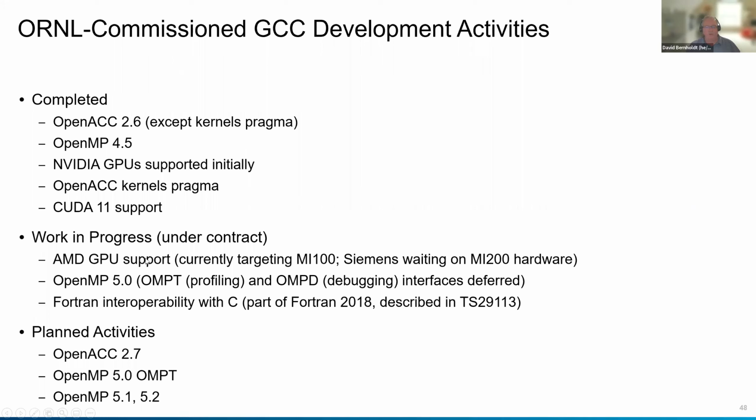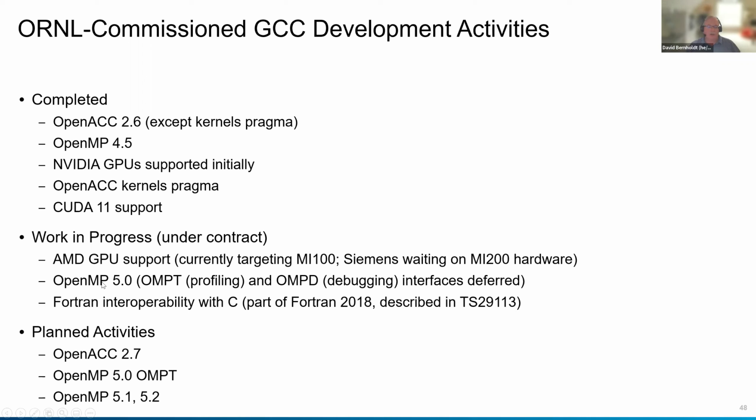There are various reasons that this is lagging behind a little bit. Part of it is the hardware. Siemens is waiting on MI200 hardware. So initially, what they're working with right now is the MI100. That's the processor in Spock, for example. It's not Crusher or Frontier's processor yet.